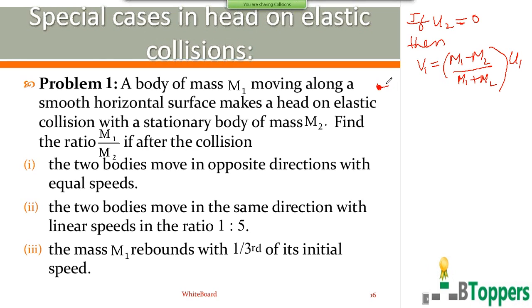So if U1 is the velocity of M1 before collision, the second mass m2 is initially at rest, and after collision the first mass m1 rebounds back, that means moves opposite to the original direction with 1/3 of initial speed. Therefore, you can write here v1 equal to 1/3 of minus u1. You can substitute here v1 equal to 1/3 of minus u1 on the left side.